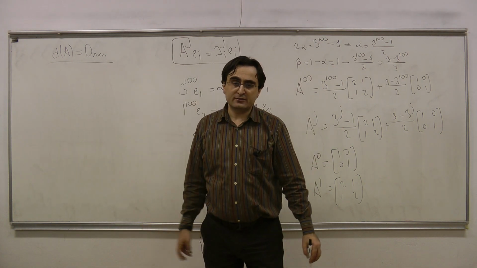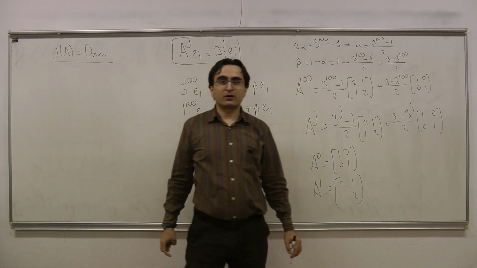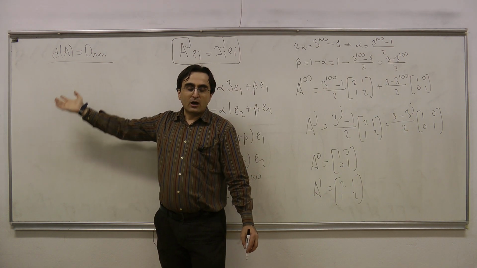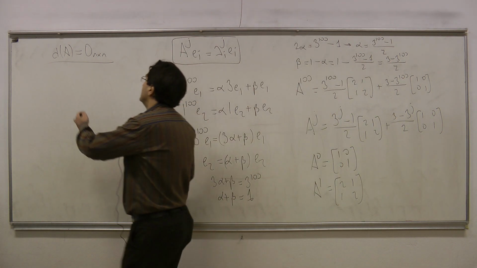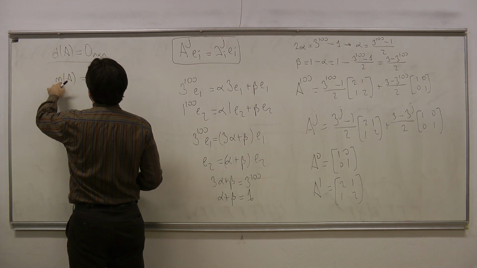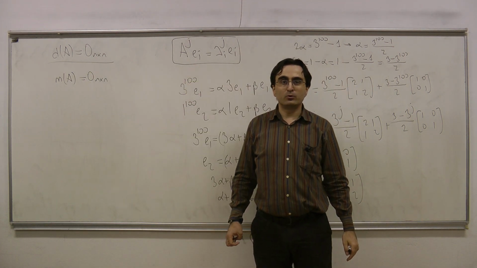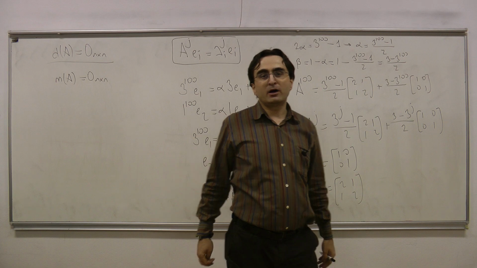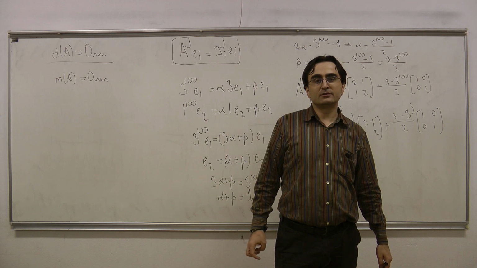If I can find another polynomial instead of the characteristic polynomial, which would satisfy the same equation, I can make similar claims. For example, if I find another polynomial, m of A, which satisfies this equation, and if the order of this polynomial is smaller than the characteristic polynomial, then I would be able to make similar claims for lower order powers of A, lower than nth order, if m has order less than d.